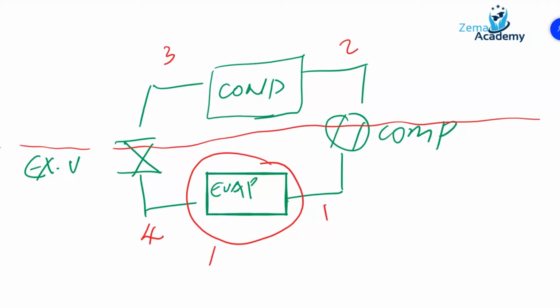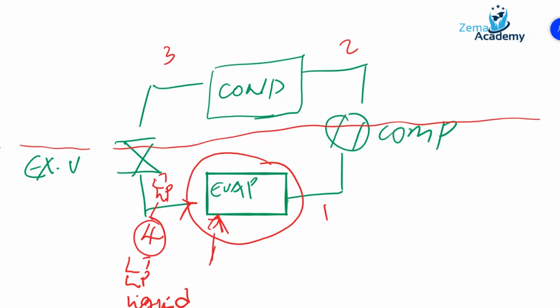Inside the four components, we have a refrigerant, which constantly changes phase from liquid to gas, gas to liquid. At point 4, we start with a low temperature and low pressure liquid going into the evaporator.